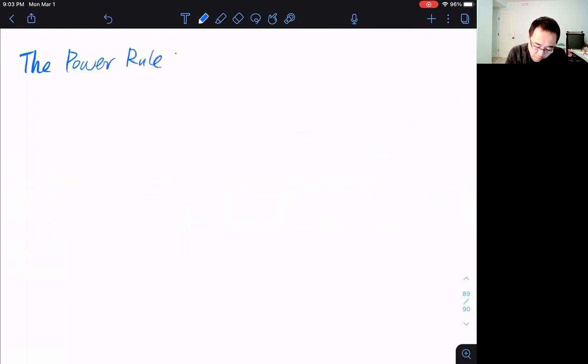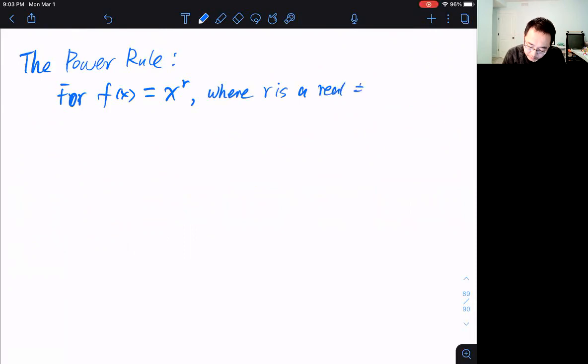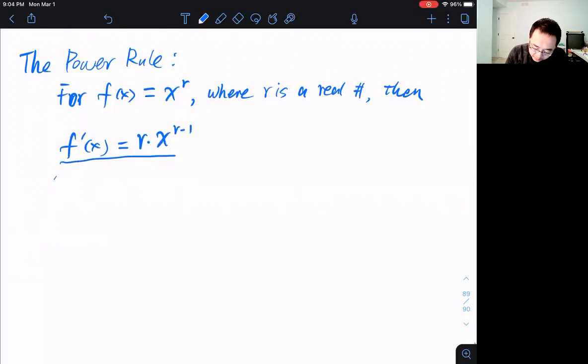The power rule says for f of x, any function that is f of x equals x raised to the rth power, where r is a real number, then the derivative f prime of x equals r times x raised to the r minus 1th power.